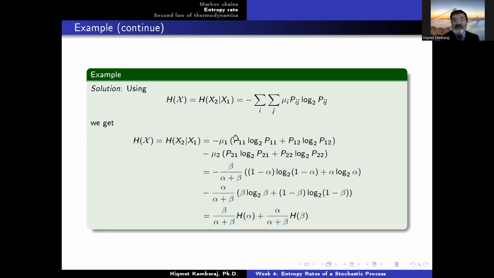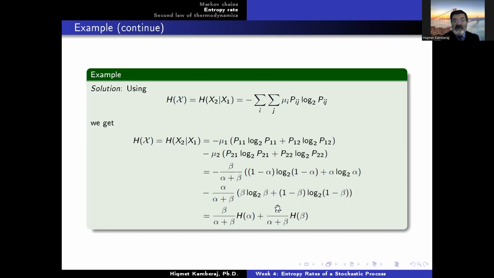Now I replace mu1 and mu2 based on the previous exercise. Then I get minus beta over alpha plus beta for mu1. Then I have P_11, 1 minus alpha, log with base 2 of 1 minus alpha, and P_12, alpha, then I have alpha log with base 2 of alpha. Then minus alpha over alpha plus beta for mu2. Then I get beta log with base 2 of beta for P_21, plus 1 minus beta for P_22 log with base 2 of 1 minus beta.